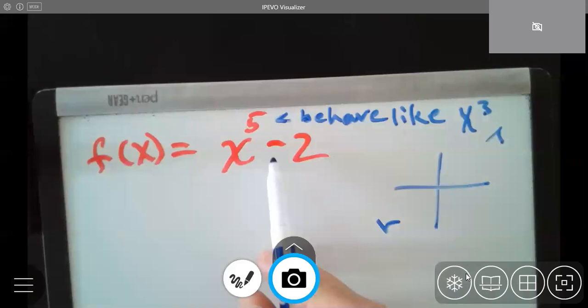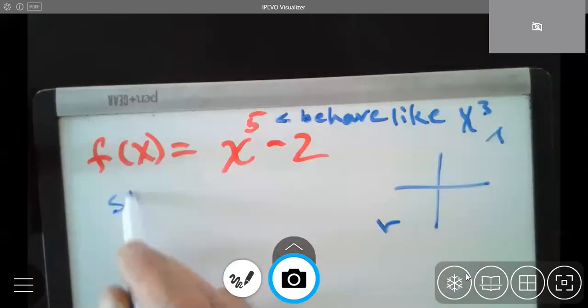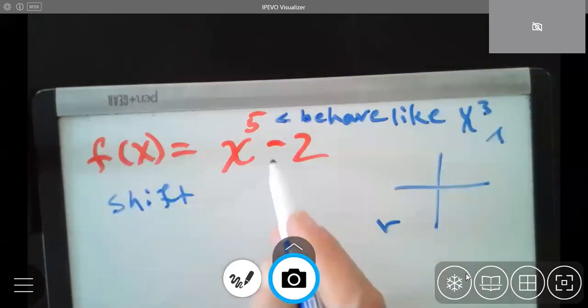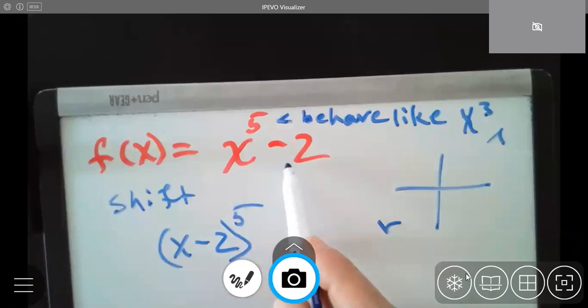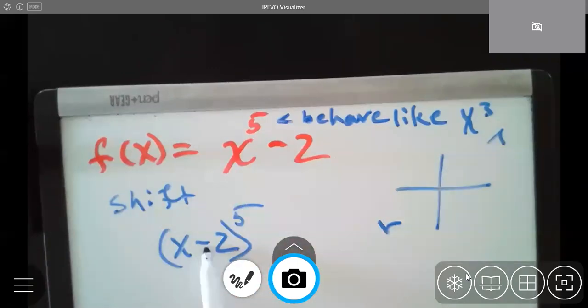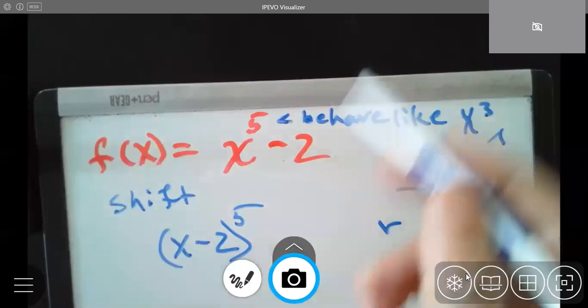Okay, the -2, that's going to make it shift. Careful now, it's outside the parentheses. It's different than if it was within parentheses. If it was inside, it would be the opposite and make it shift right. But this is outside, so it's either going to shift up or down.